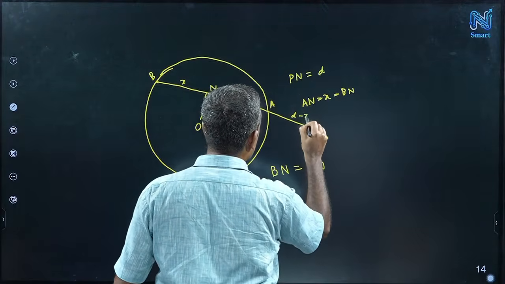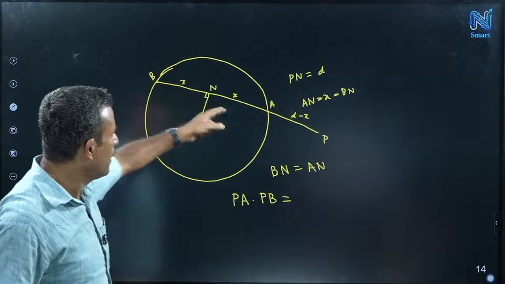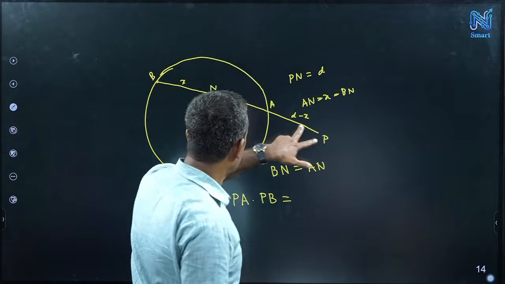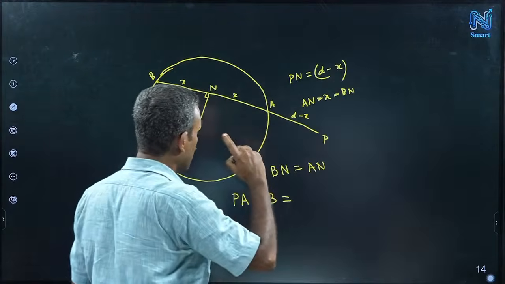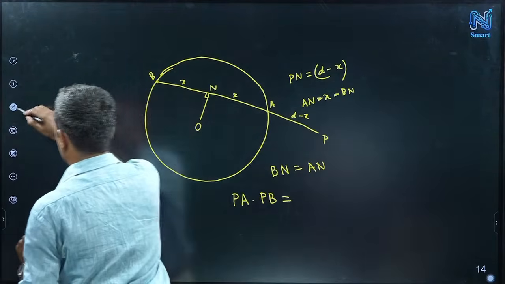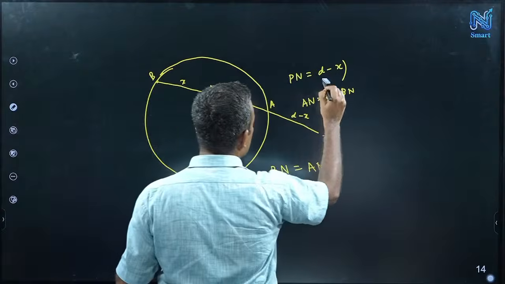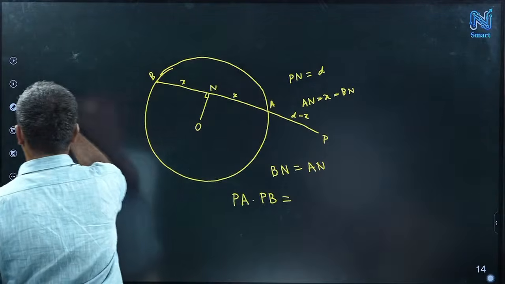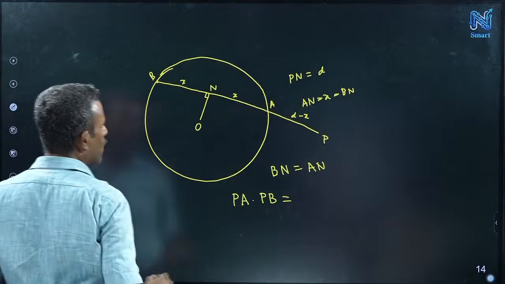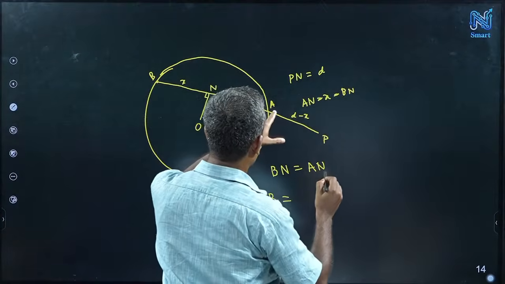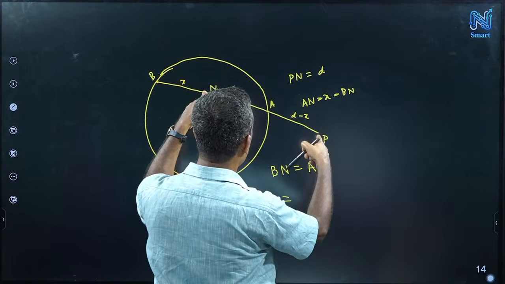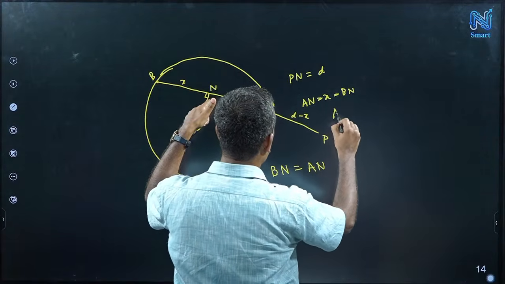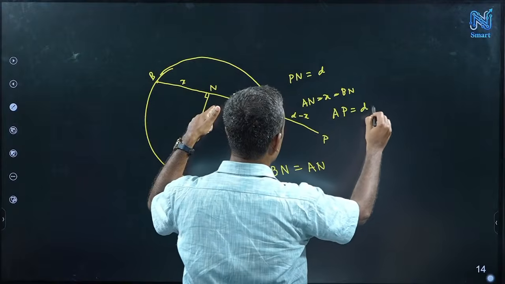The whole PN is D. So what is AP? AN is X, BN is X, PN is D. So AP is D minus X, right?